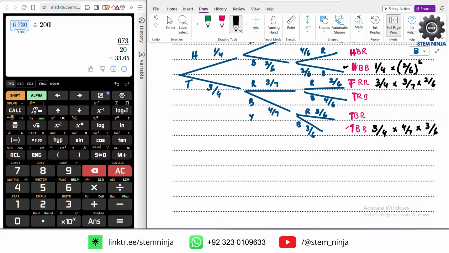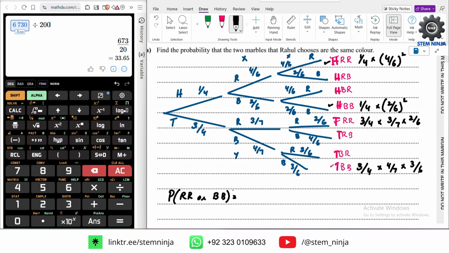So the probability that he chooses the same color, you could also say RR or BB, you can simply write it now: 1/4 times 16/36 plus 1/4 times 4/36 plus 3/4 times 3 times 2 over 6 times 42 plus 3/4 times 12/42.